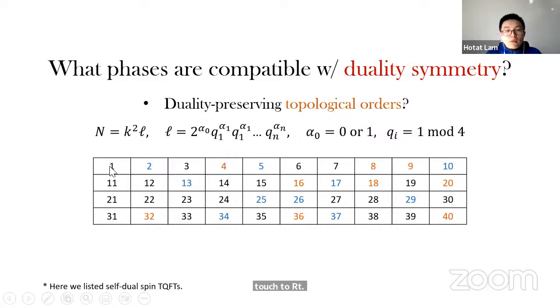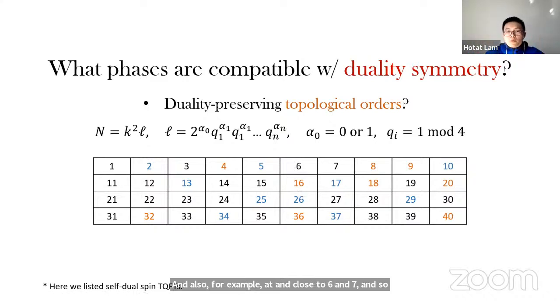And in particular, these black numbers are the numbers where duality preserving gapped phases never exist. So in particular, we see that at n equals 3, we have a symmetry enforced gaplessness result. And also, for example, at n equals 6 and 7 and so on.